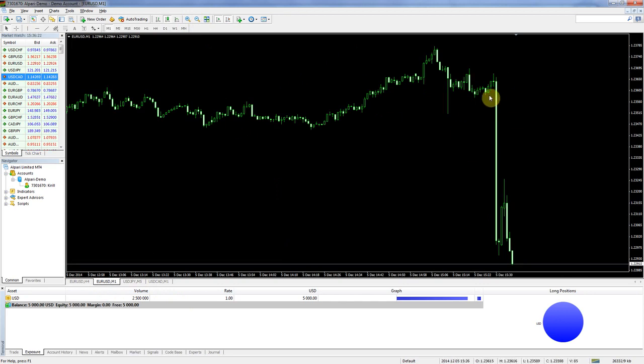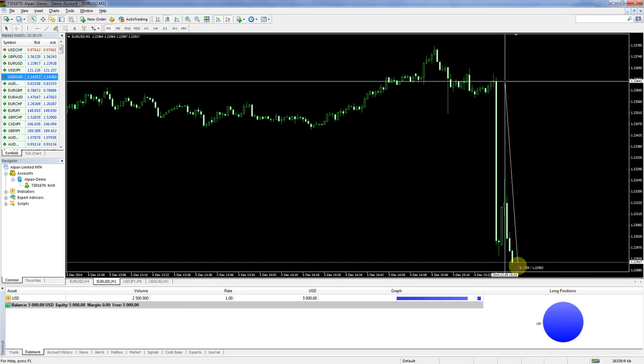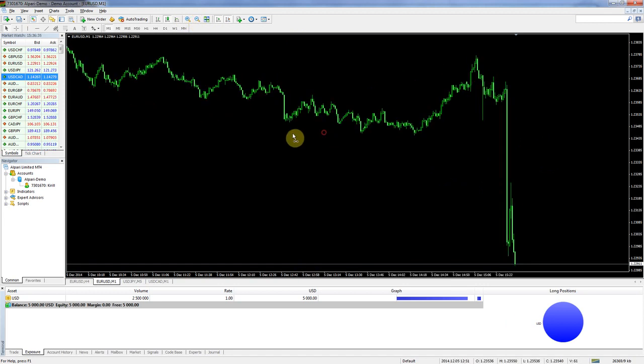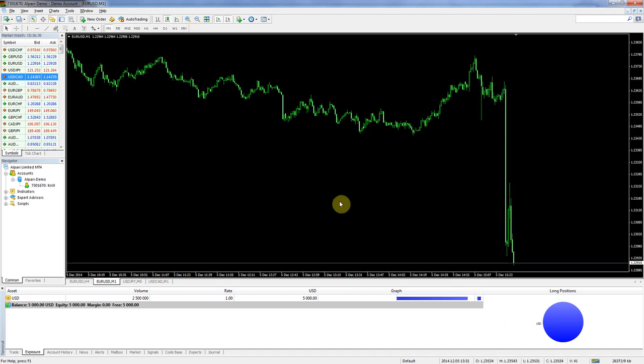Just look at the magnitude of these movements. This is already 73 pips in about the space of 5 minutes. So you can earn massive amounts of money here if you choose to trade fundamental analysis. All right, that's pretty much it for today.